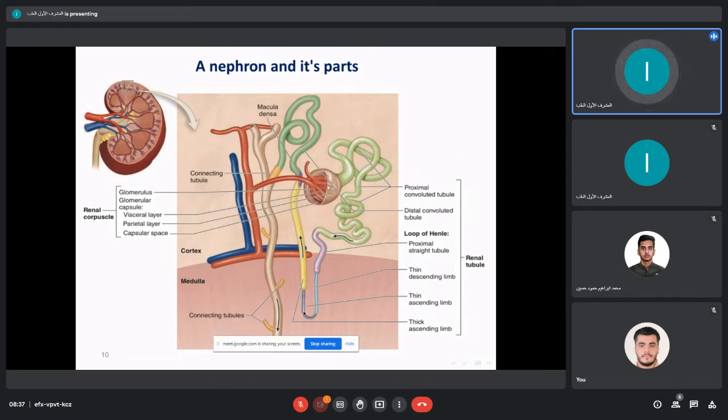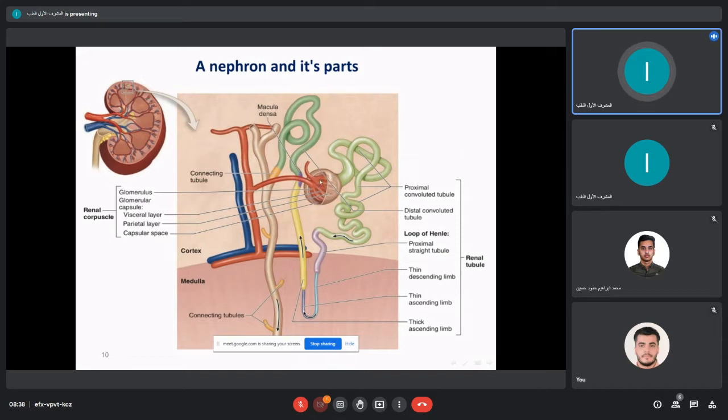The first part is the renal corpuscle, an initial dilated part that represents a tuft or network of capillaries in the form of loops, and this is very important because this is where the blood filtration occurs. It's always located in the cortex. This network of capillaries and the surrounding capsule together form the renal corpuscle.